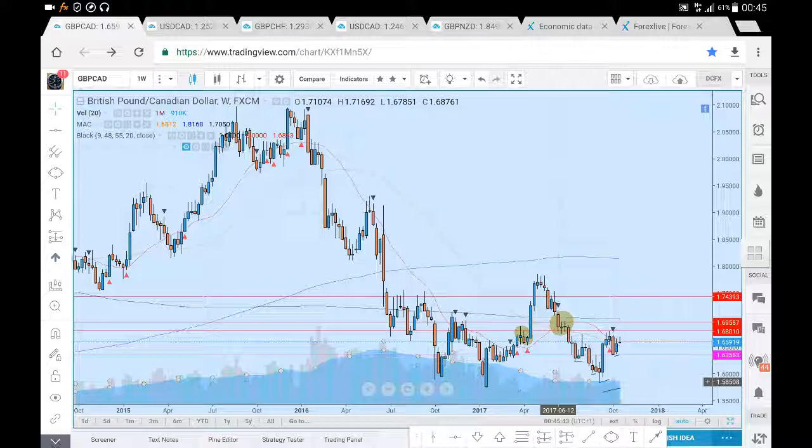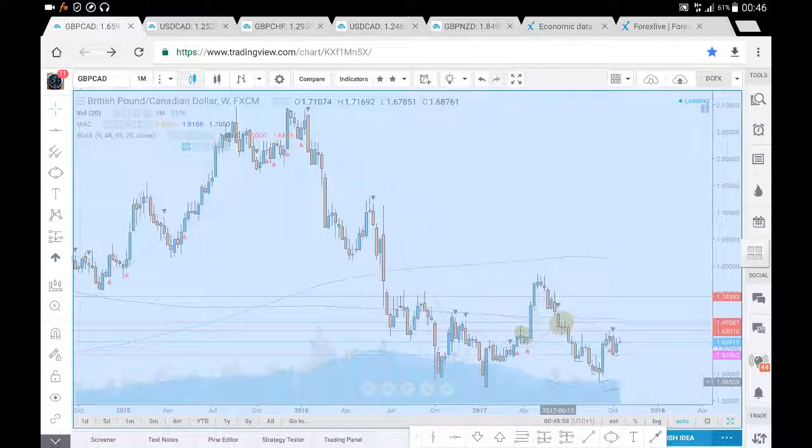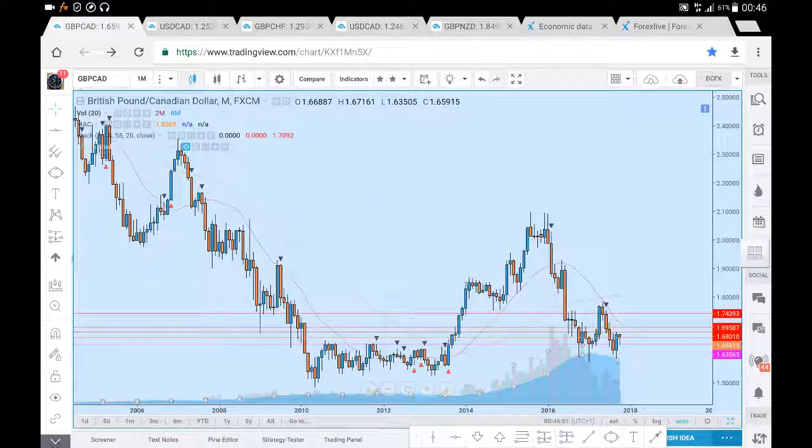We appear to be putting in a higher low, which is a bullish sign on the weekly time frame. So overall, the monthly and the weekly do appear to support a bullish stance on the pound against the Canadian dollar.